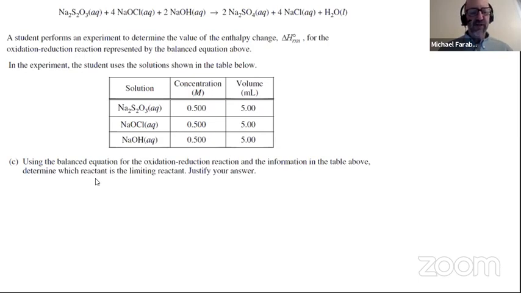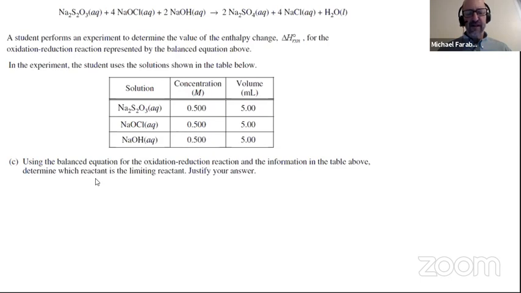Using the balanced equation for the oxidation-reduction reaction and the information in the table above, determine which reactant is the limiting reactant. Justify your answer. So again, there's that phrase, justify your answer. So it has to be in terms of the information that you are given. Hopefully you're going to talk about the coefficients and the moles.